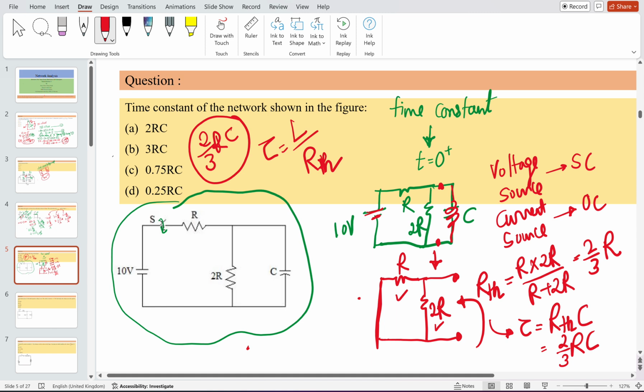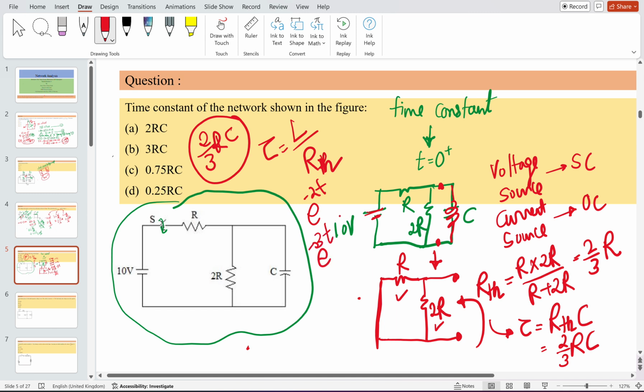This is an important concept, and it is also useful when you don't know anything and the options are given. Through the time constant you can also judge the answers. Suppose the answer options have e to the power minus 2t or e to the power minus 3t.